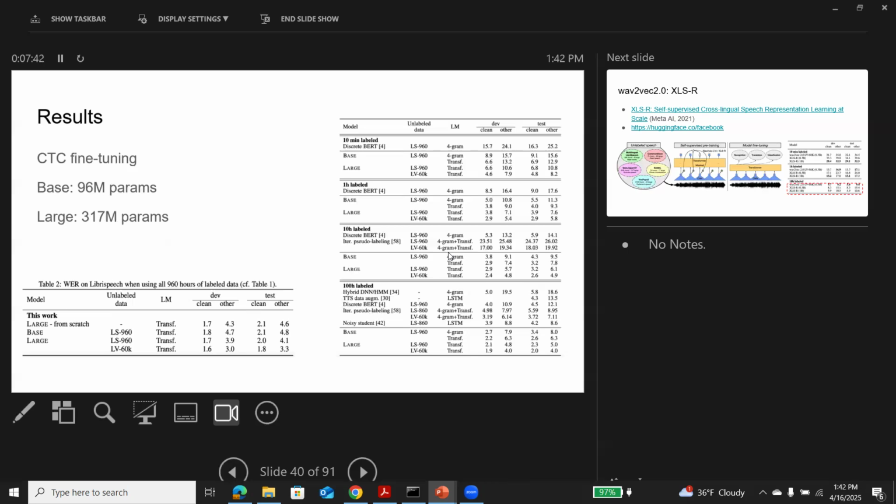Then, how do we use these embeddings for actual speech recognition? They fine-tuned this model with the CTC loss. They used these embeddings as input and used dynamic programming to fine-tune them.